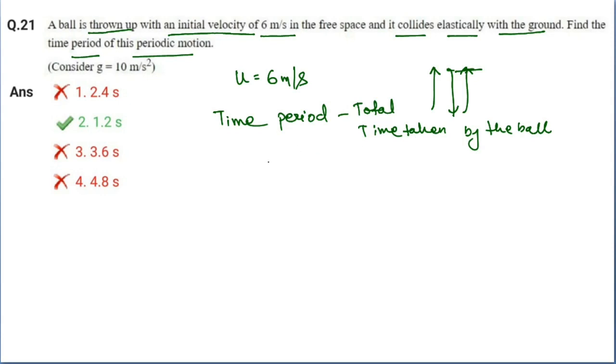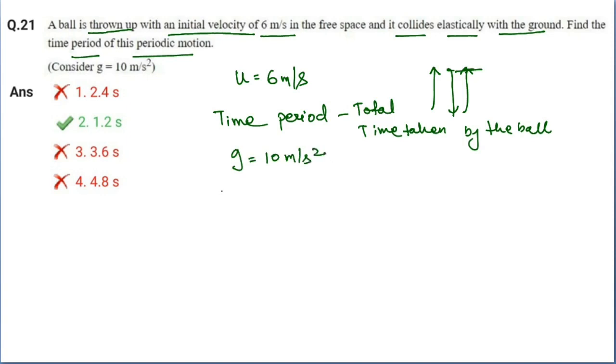Let's first calculate the time it takes. U is given, also g is given as 10 meters per second square.